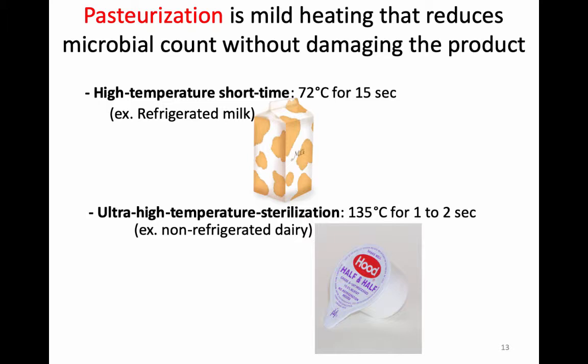So in dairy, for example, you can have high temperature for a short time. So this is what's done with refrigerated milk. There's also ultra high temperature sterilization, which is what's done with dairy products that don't have to be refrigerated. And you do not need to memorize these temperatures and time points. Just know that pasteurization is the application of heat, but it does not achieve sterility.